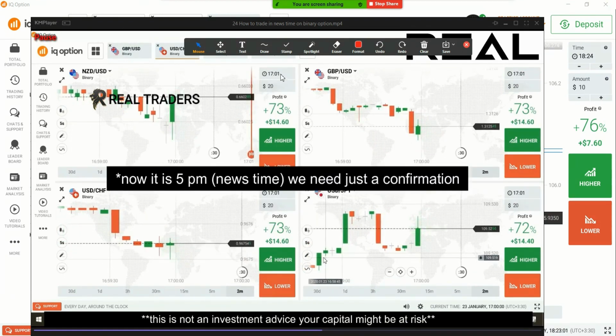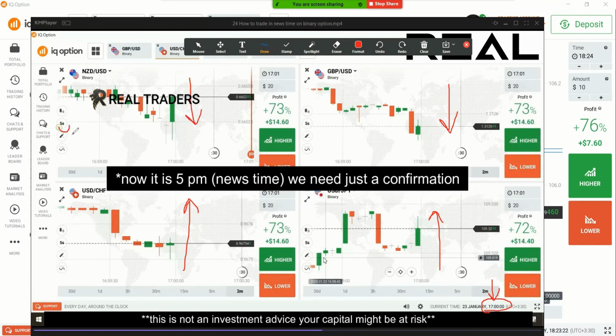Okay, so here you can see we are trading exactly at the news time. It was 5 p.m., right? You can see the exact time, and here we are expecting the price will go up, and here we are expecting it will go down.